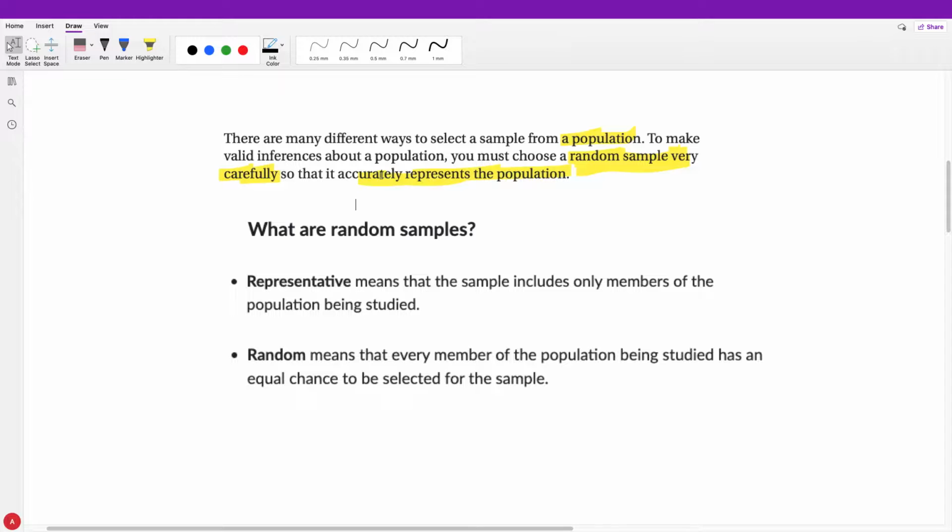Because now when they're answering those questions, since it's at random, since it's not just being geared towards someone who I think is going to be answering it the way I want, then I can use that data to then talk about what maybe the whole school feels like. Because it is just a random sample. But once you start picking things that aren't at random and you're trying to purposely pick things, then it becomes a biased sample, which then means we can't use that to accurately represent the population.